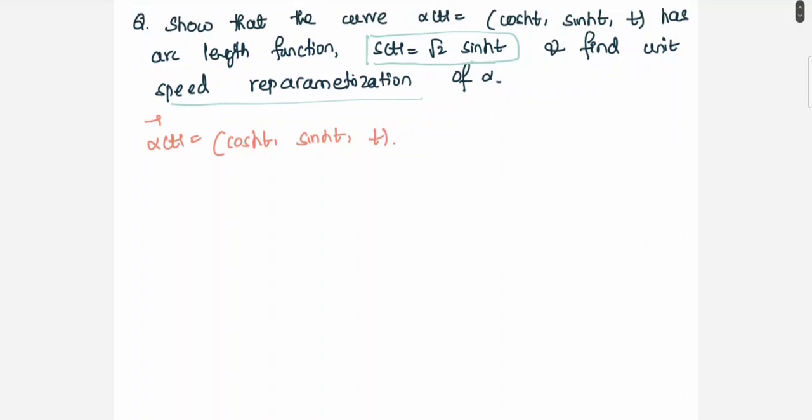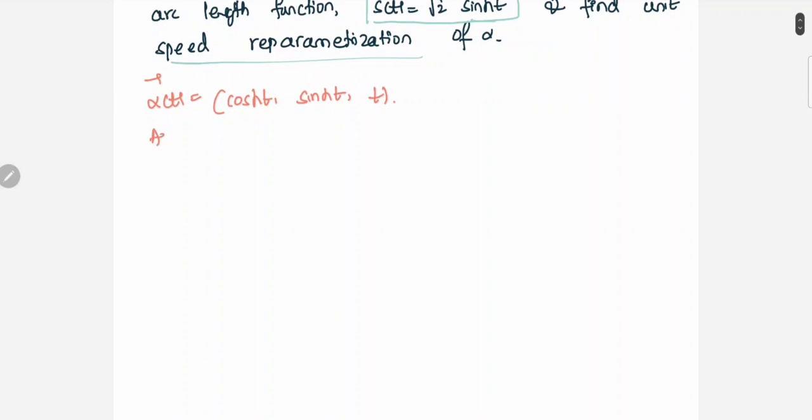We can observe that nothing is given about the base of the arc length function. So if nothing is given, we assume that the arc length function s of t is based at t equal to 0.